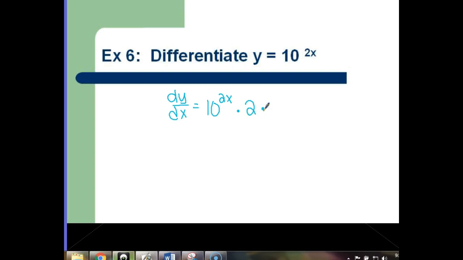The only thing you have to add is the natural log of the base. Not pretty, it doesn't simplify, it doesn't clean up. It is what it is.